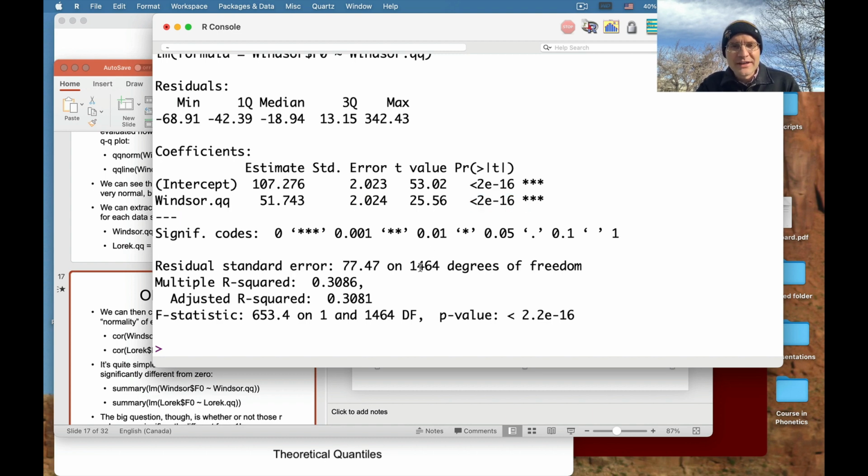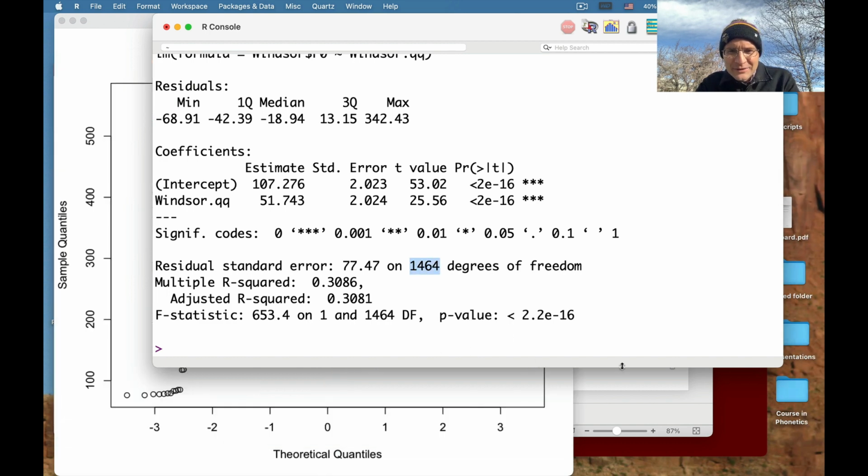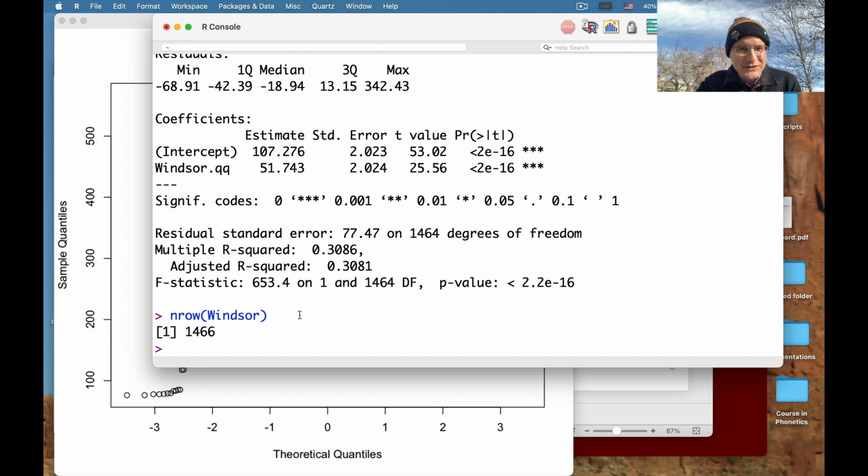But the deal here is that there's a huge number of observations in Joey's data set. There are over 1,400 degrees of freedom. If we go back to right here and just count how many observations we get, there's 1466, right? So if you have a really huge N like that, you're generally almost always going to get a significant effect, no matter what you're measuring or what the effect size might be.